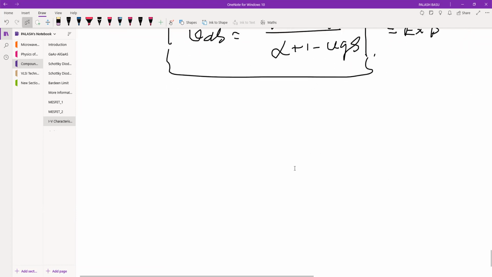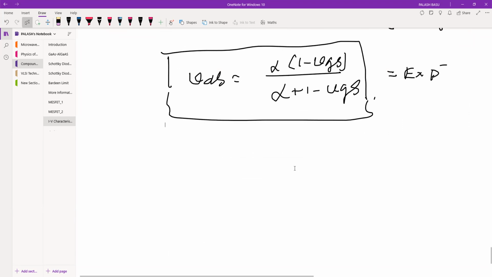I think you already have a good understanding of curve fitting. Then you got the UDS. So you take one of the expressions, IDS. Suppose IDS you can take, G0 V0.